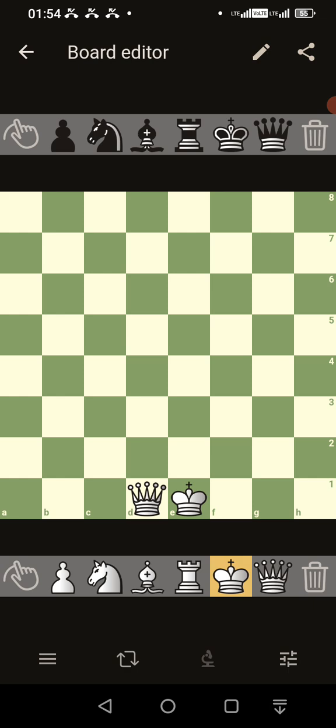Capital K for the king, capital Q for the queen. What about this piece? What is this piece called? This is the rook. The rook has the letter R. And then we've got B, capital B for bishop. What about this piece? The knight. The knight is represented by capital letter N.